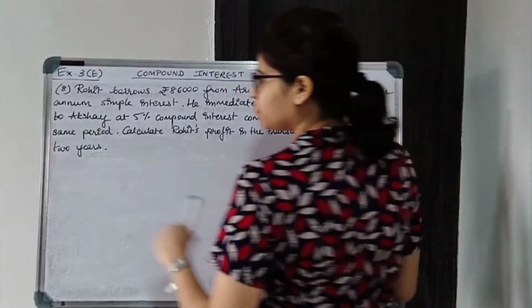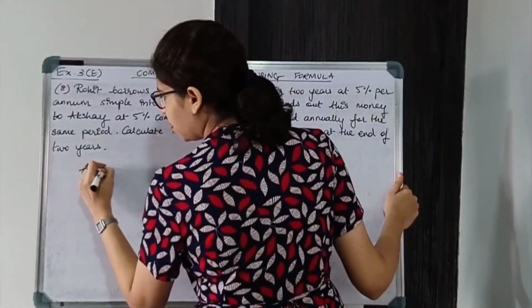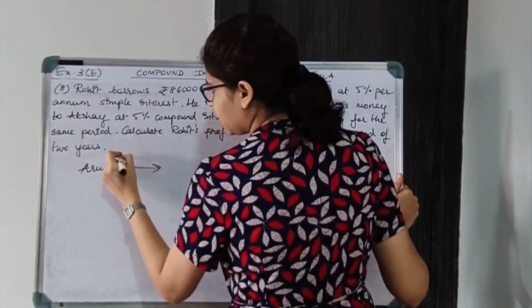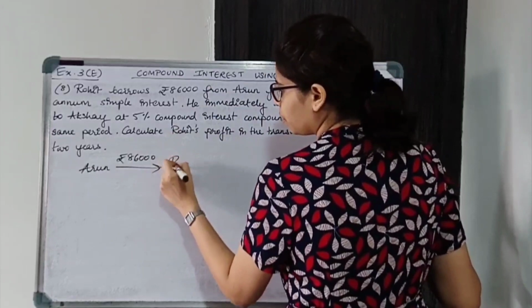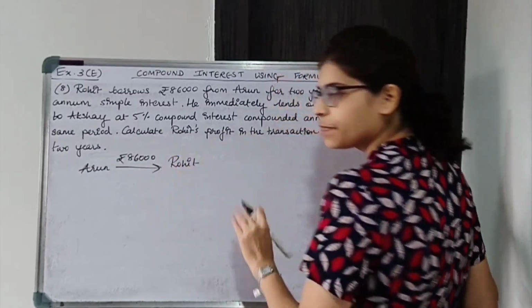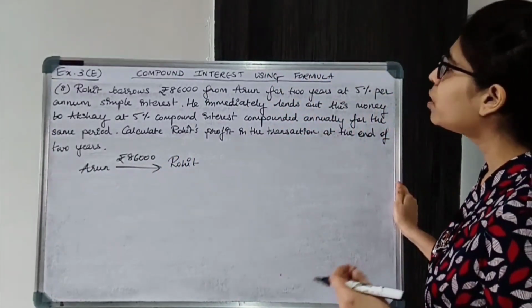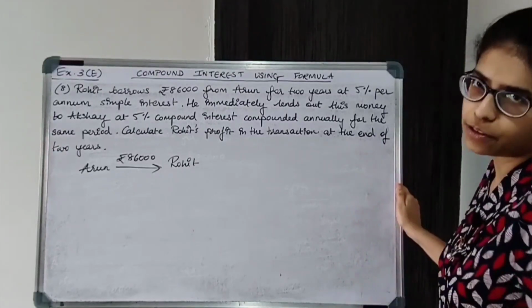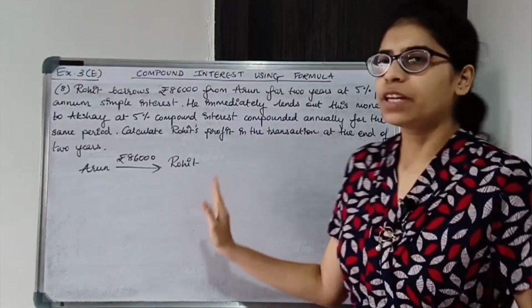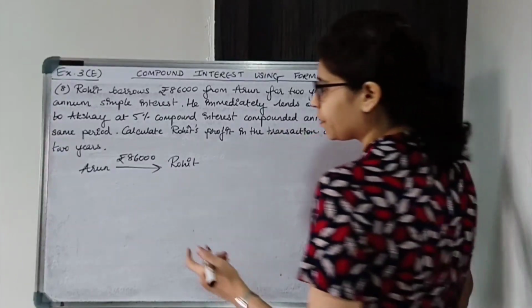So Arun is giving 86,000 to Rohit. Rohit borrows 86,000 from Arun for 2 years at 5% per annum simple interest. So he is borrowing for 2 years.